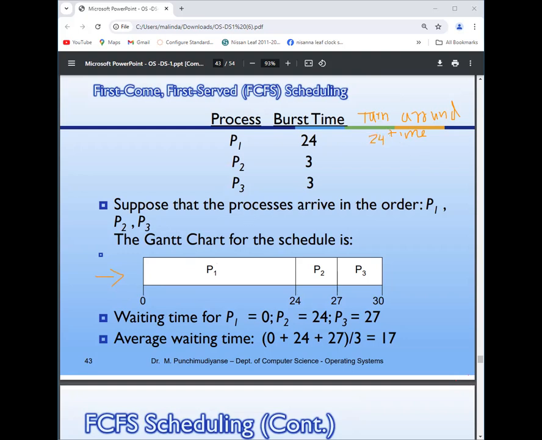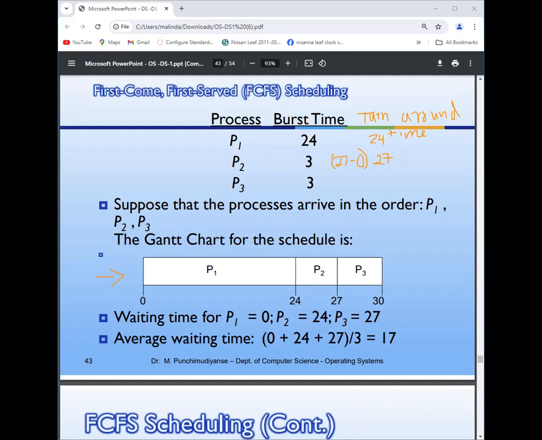Then P2 came at time 0 and finished at time 27. So the turnaround time for P2 is 27 minus 0, so the total turnaround time is 27 for P2.